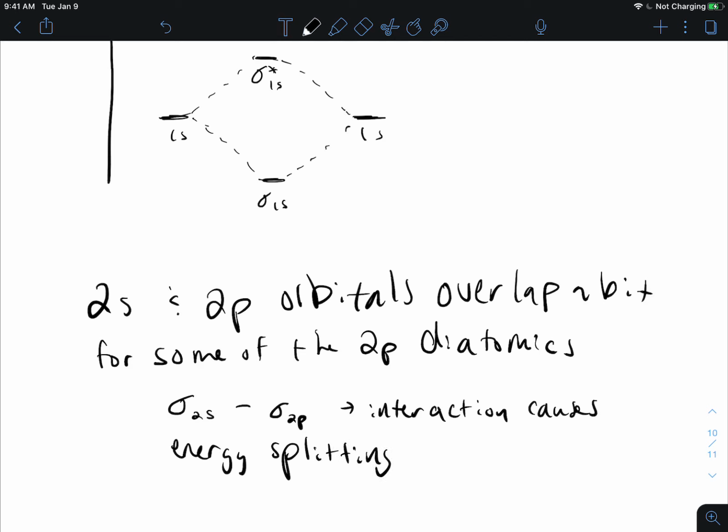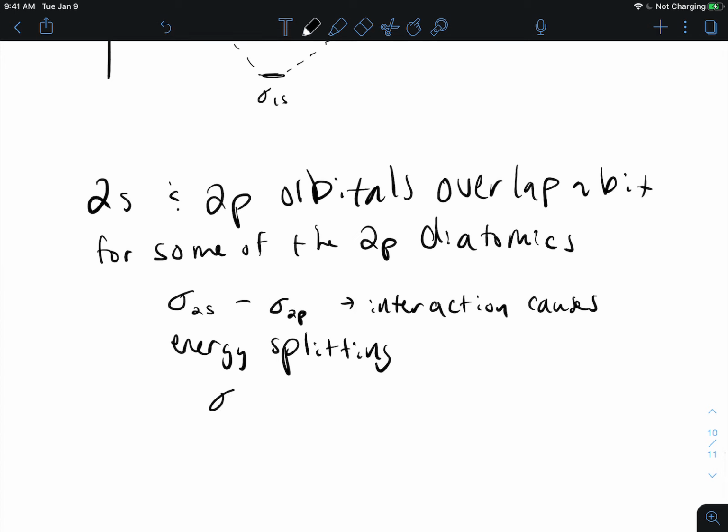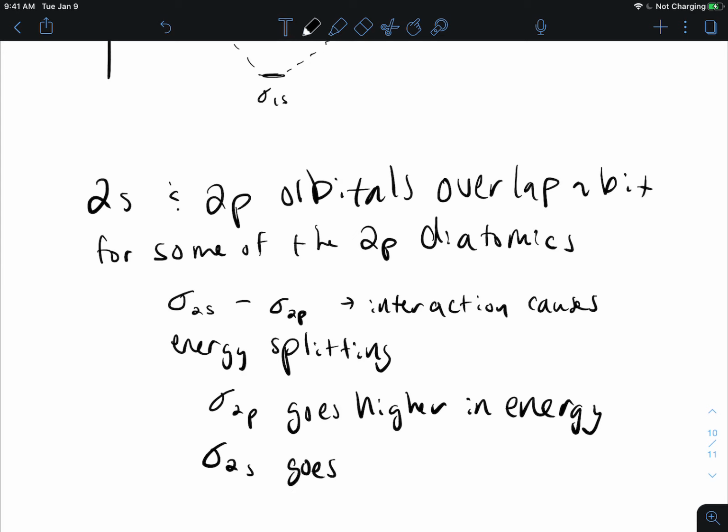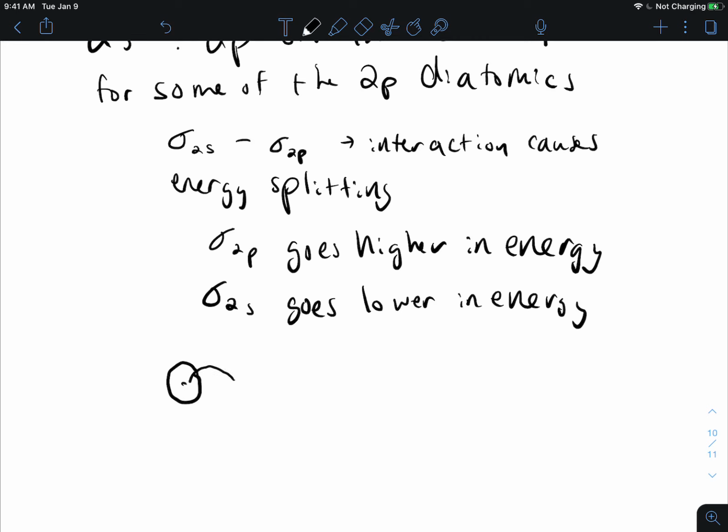What happens is our sigma 2p goes higher in energy, and sigma 2s goes lower in energy. That's all due to overlap between those orbitals. So you'll see a little bit of this going on, and it causes the splitting.